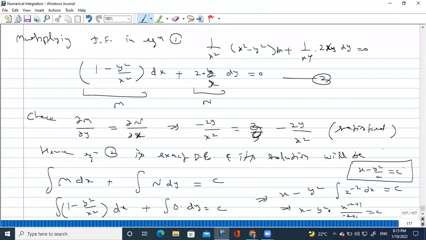Or you can do it: y square by x will be equal to x minus c. So y square will be x into (x minus c). That form will be better. Or y will be the square root of x into (x minus c). This is the final answer. Note down this.